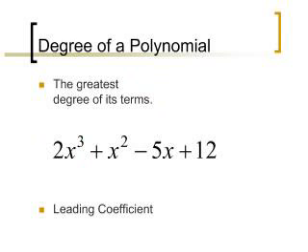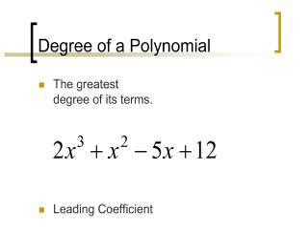Okay, so because we have different values of exponents on polynomials, we refer to the degree of a polynomial. So the degree is the greatest degree of its terms. So basically what you have to do is look at the degree of each term, and then you just take the largest one.